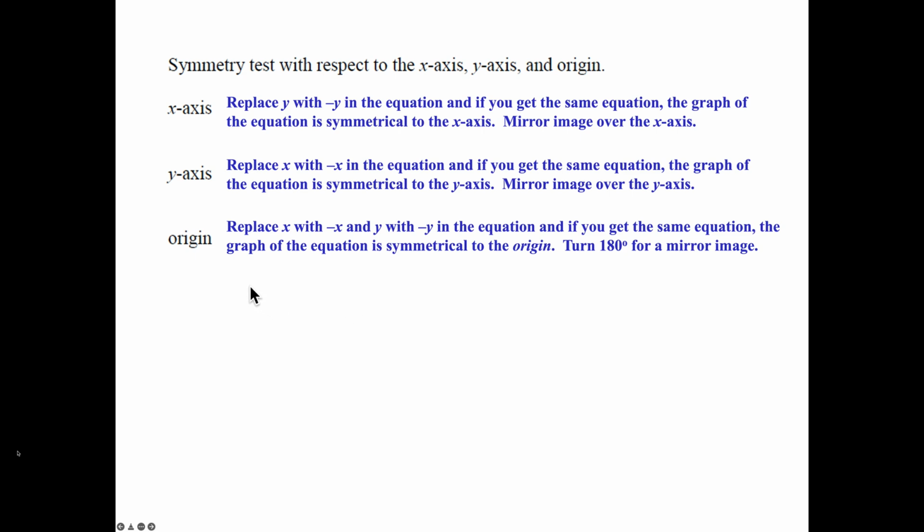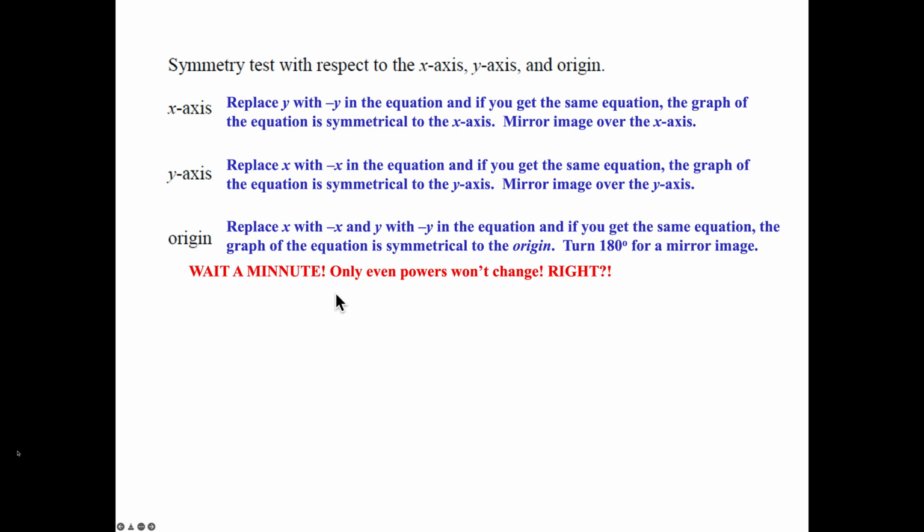Okay, hold on, wait a minute. If we put in a negative y and we want to see the equation be the same, then wouldn't your y's have to be raised to an even power, and that would cancel out the negative? And the same thing for the negative x.